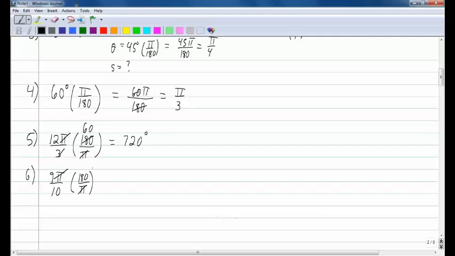Pi's cancel out. Looks like you can cancel out between the 10 and the 180. This is going to leave you with 9 times 18, 162 degrees.